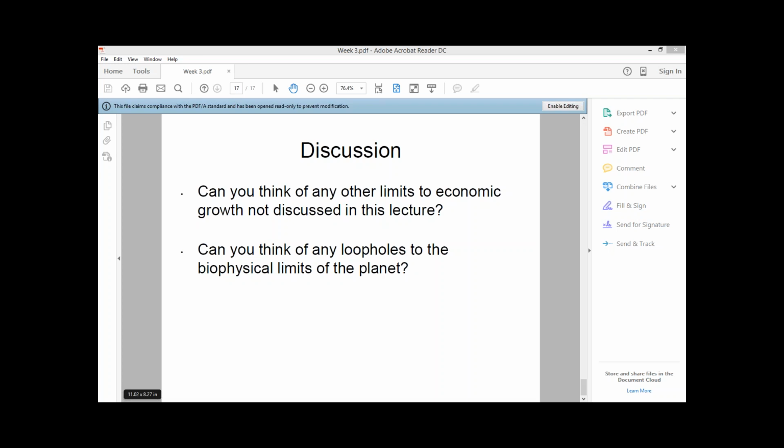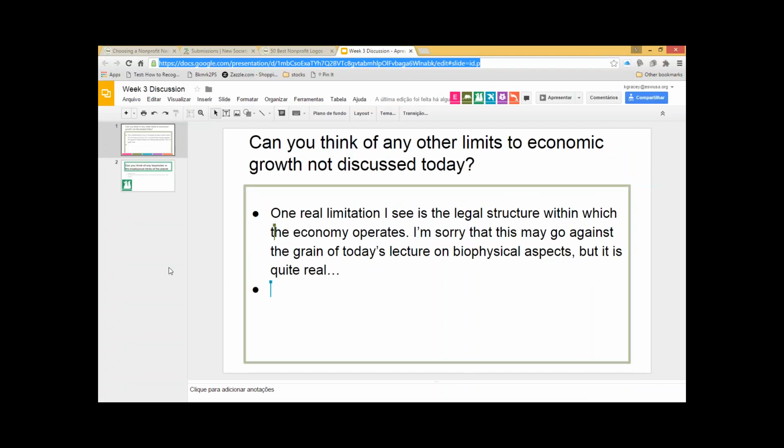And so, yeah, there's a good one here that is being mentioned, which is the legal limits in which the economy operates, which is definitely true.